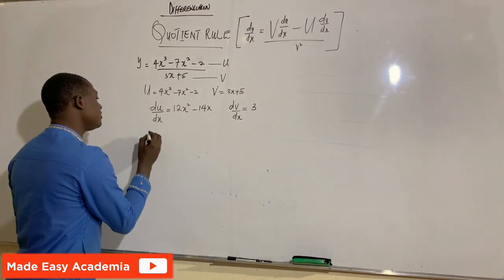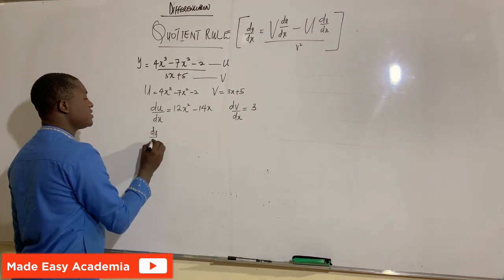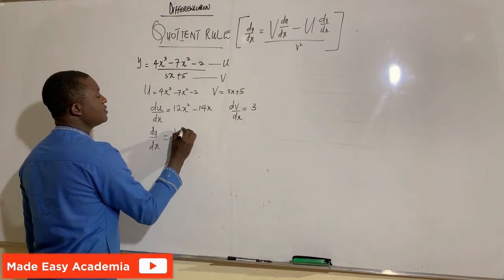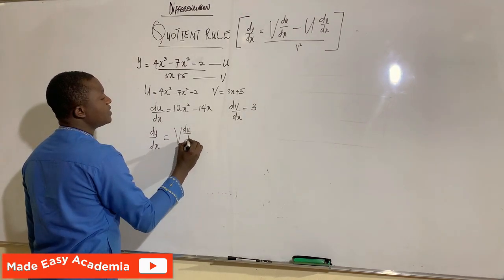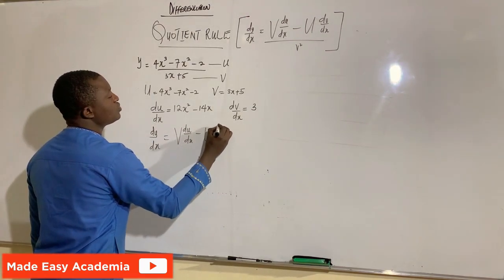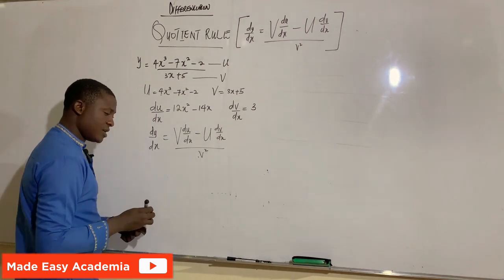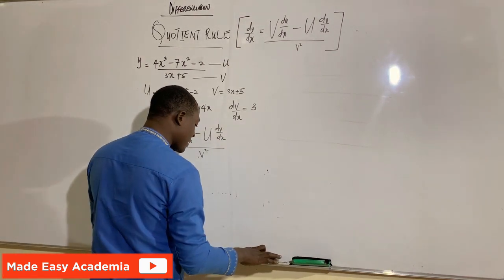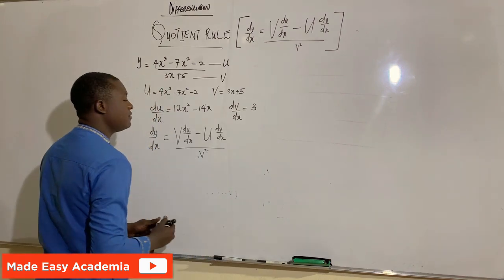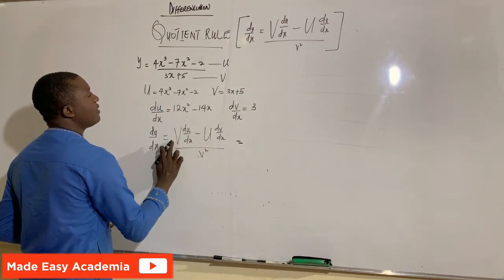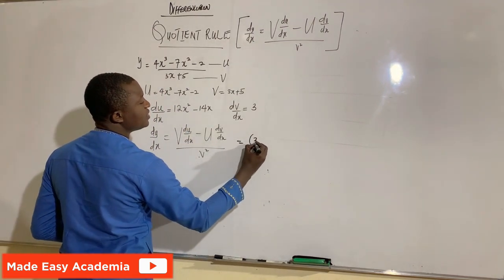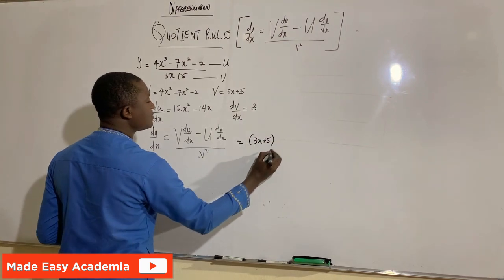So now the formula: dy/dx is equal to v du/dx minus u dv/dx, all divided by v squared. If I plug that in, our v is 3x plus 5.